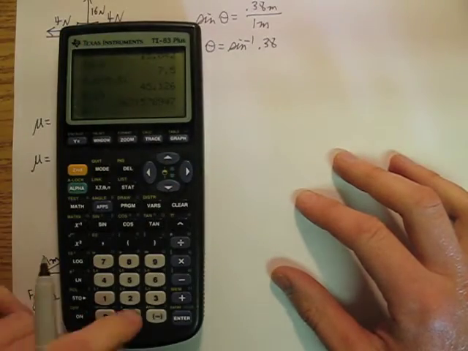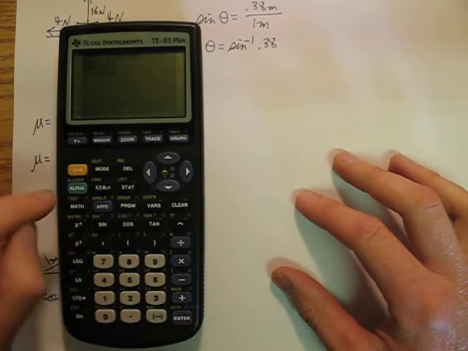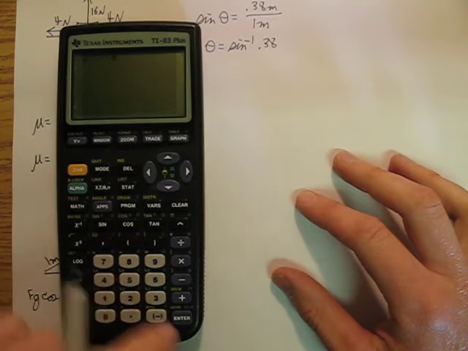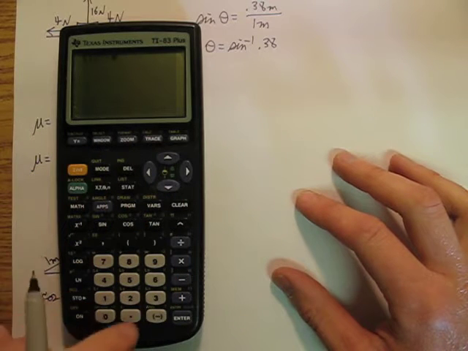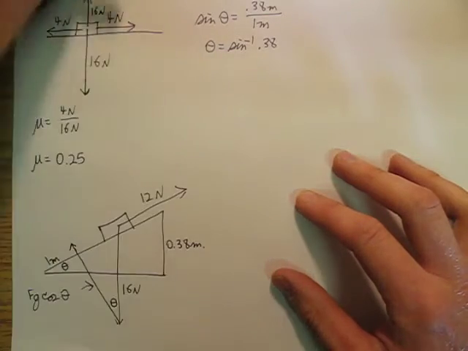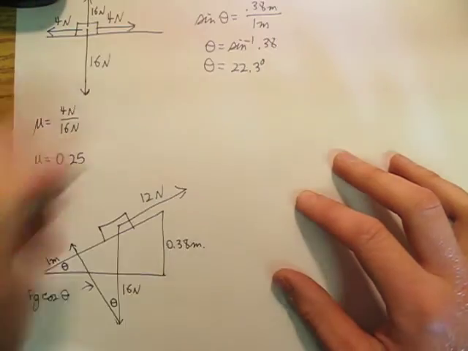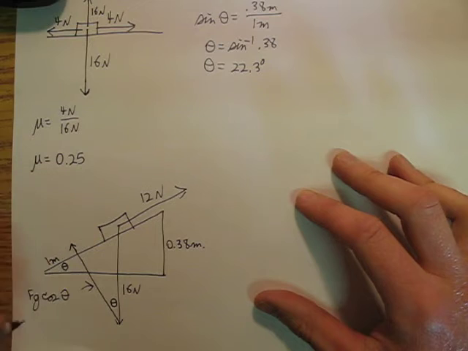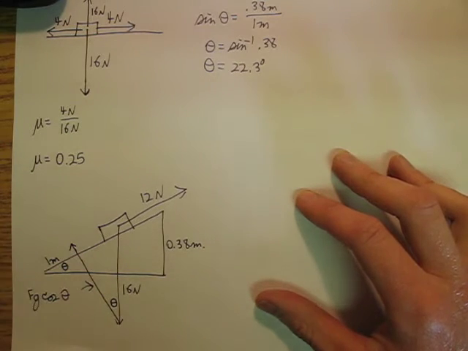If I do second sine of 0.38, it's going to be 22.3 degrees. It's hard for me to show on my diagram, but that's 22.3 degrees, and that's 22.3 degrees.